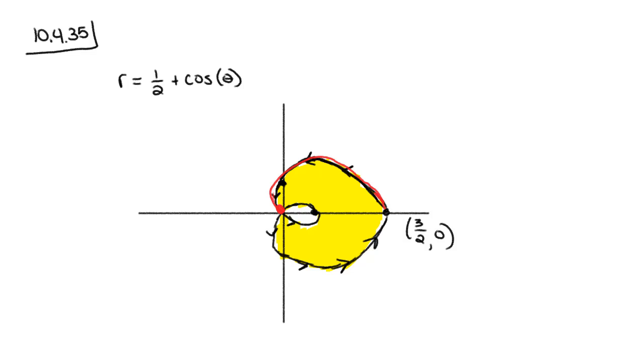When you find the area from, let's say, angle 0 all the way to whatever angle it is that you end up back at the pole, you're going to end up getting all of this area. If you look at that entire area, you've actually shaded over that loop, so we need to remove that loop.